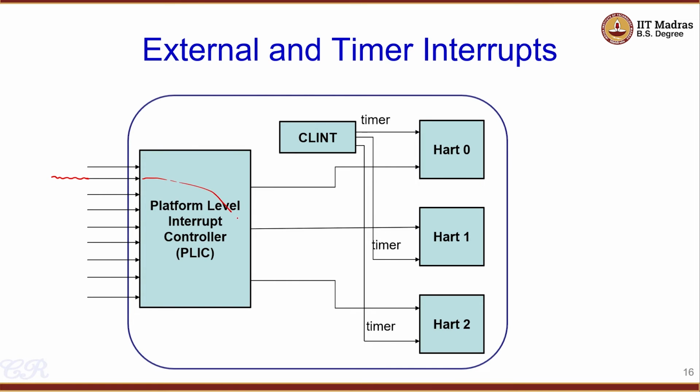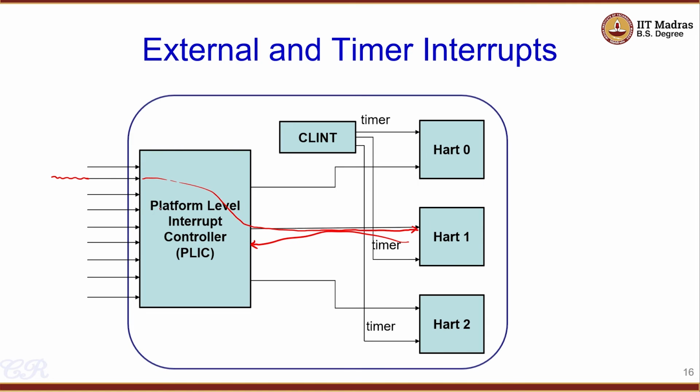This gets routed by the PLIC to, let us say, Heart1. Heart1 goes into the interrupt service routine and queries the PLIC to identify the cause of the interrupt, whether it was from the keyboard, mouse and so on. It would then identify the cause and invoke the corresponding service routine.